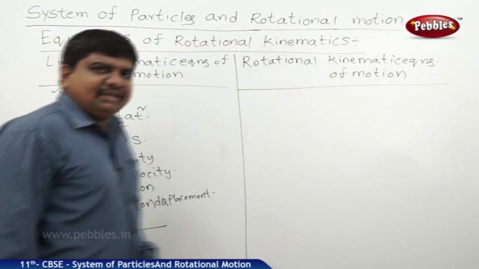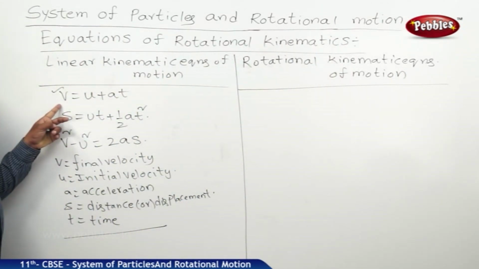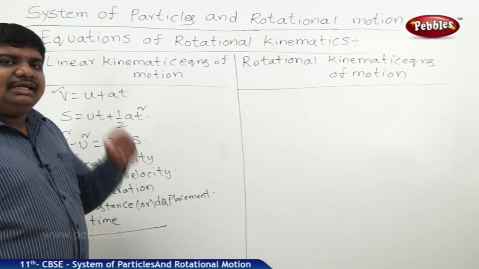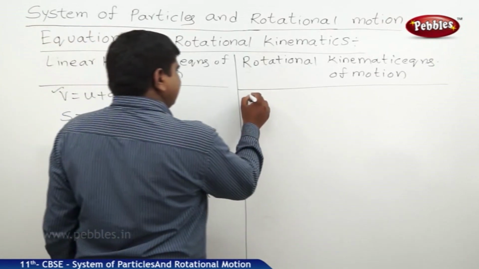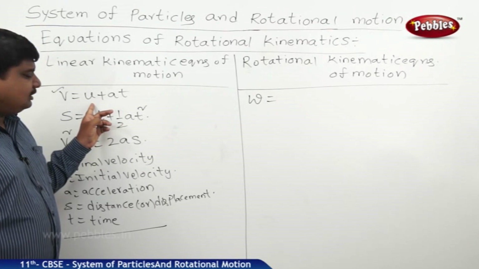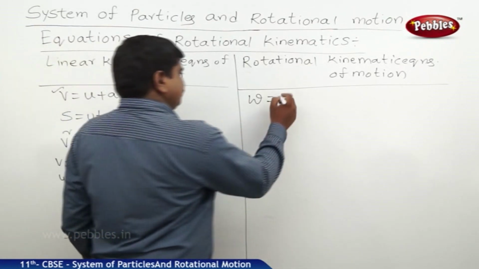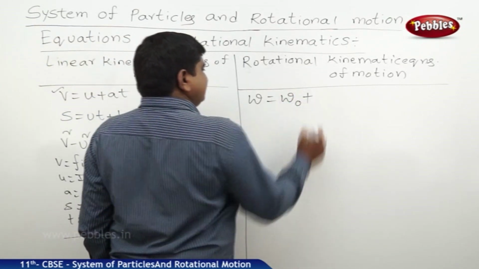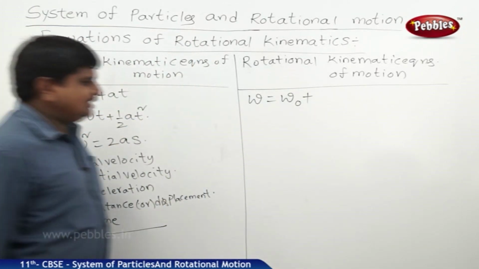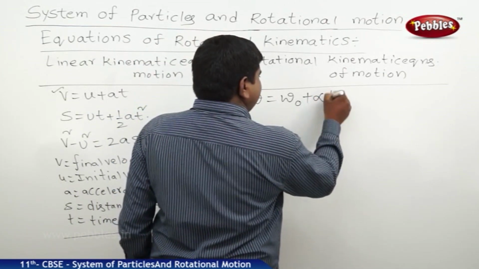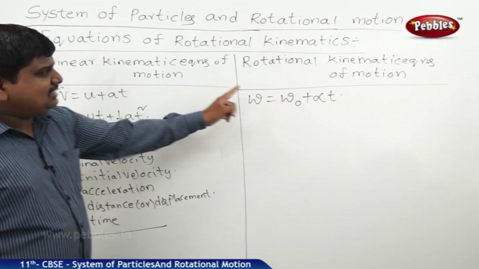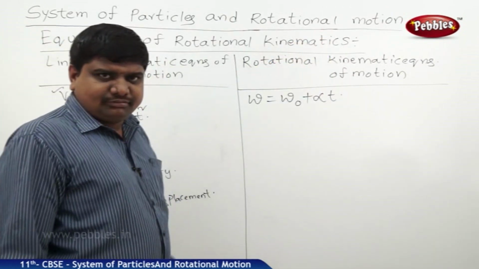If you see the first equation, in place of final linear velocity v, we should substitute the final angular velocity, that is omega, is equal to, in place of u, initial angular velocity, omega naught, plus, in place of linear acceleration, angular acceleration alpha, times time t. So, omega is equal to omega naught plus alpha t is the first rotational kinematic equation of motion.